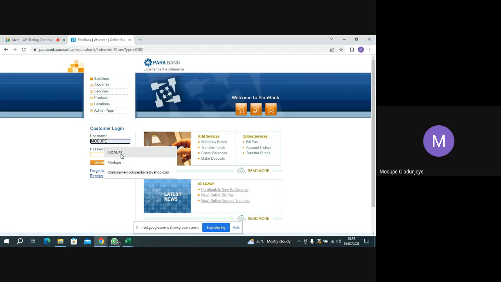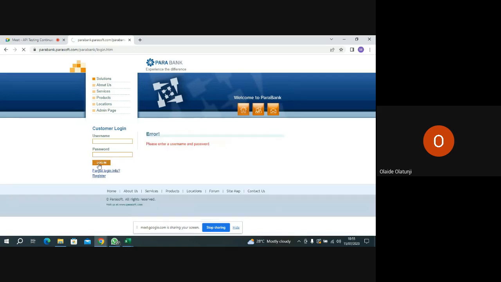Enter username without password. Click on login. So the thing is, even if you enter one to login, no, it is not logging in. Enter username one, password one.